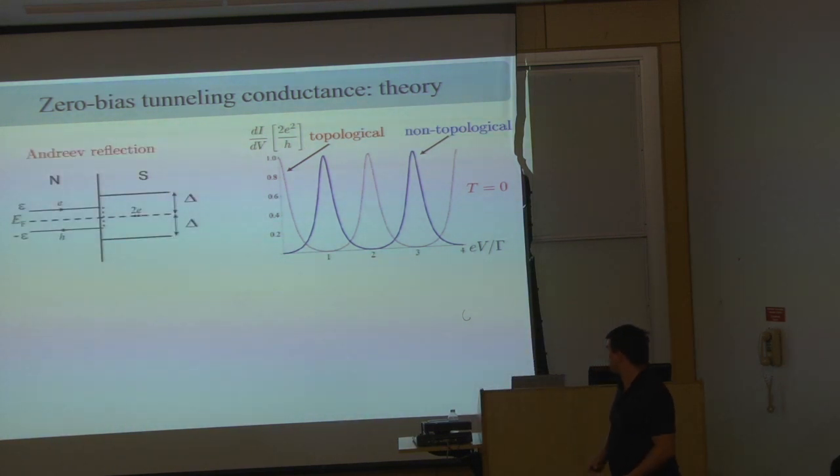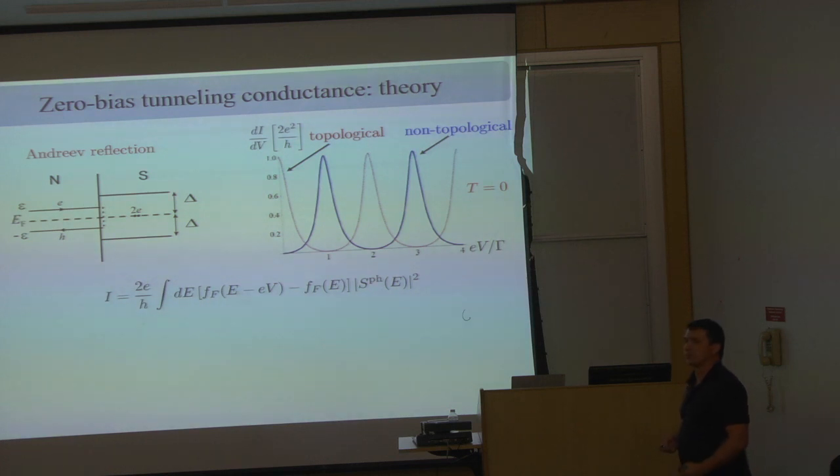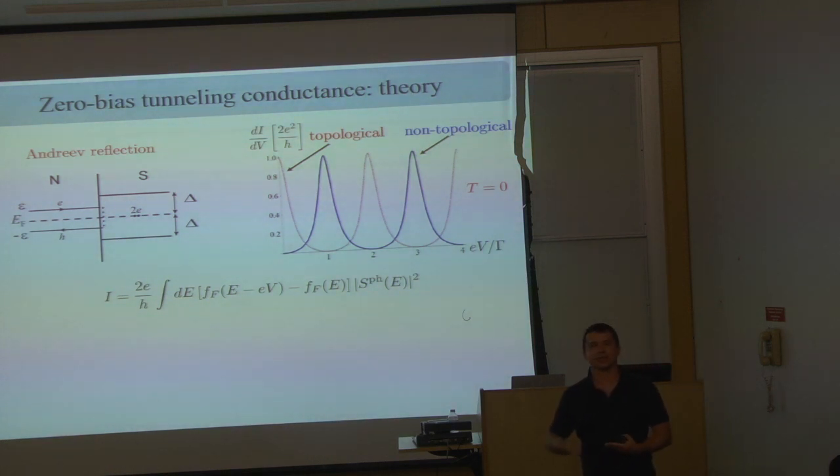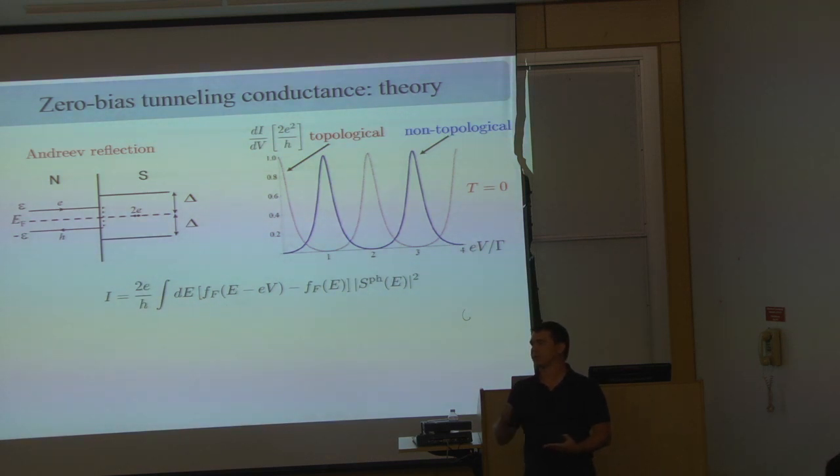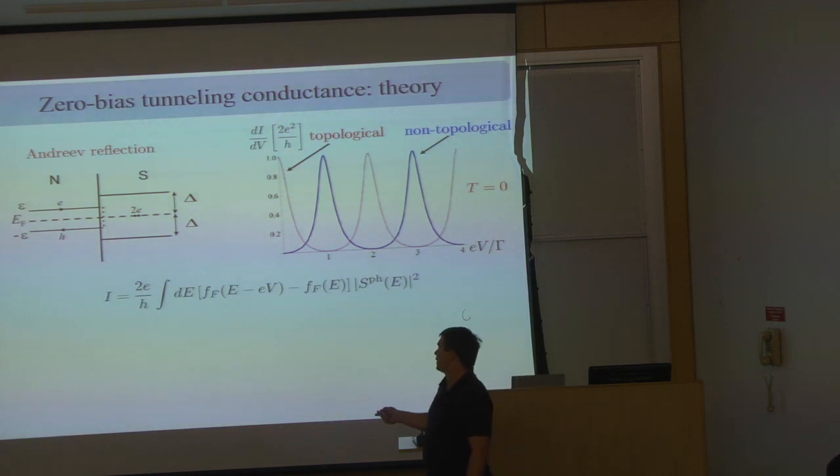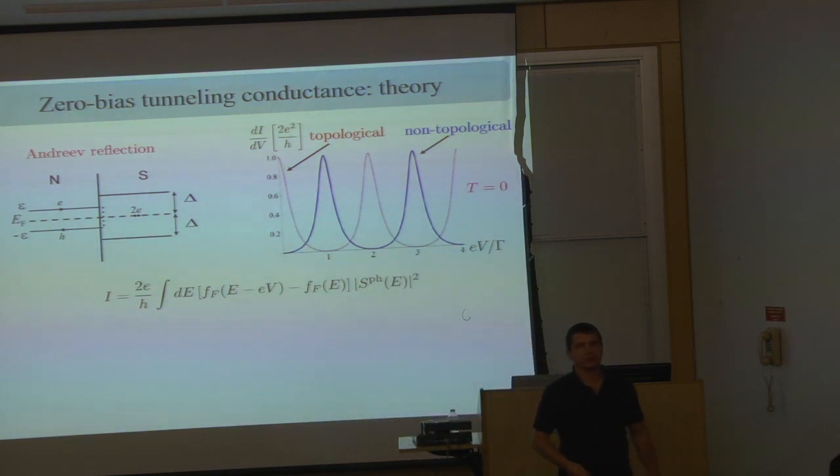Now, the signature actually appears because there is a resonant scattering at the interface between a normal metal and a superconductor. In such an interface, there is a process in which an electron incident on the surface gets reflected as a hole, and this has to do with superconductivity here. Whenever such a process happens, a Cooper pair gets transmitted into the condensate. It's called Andreev reflection. Okay?